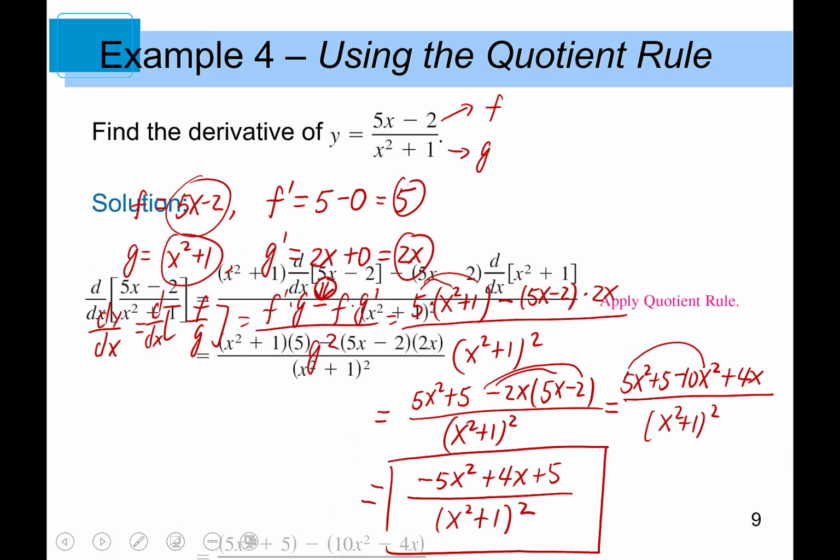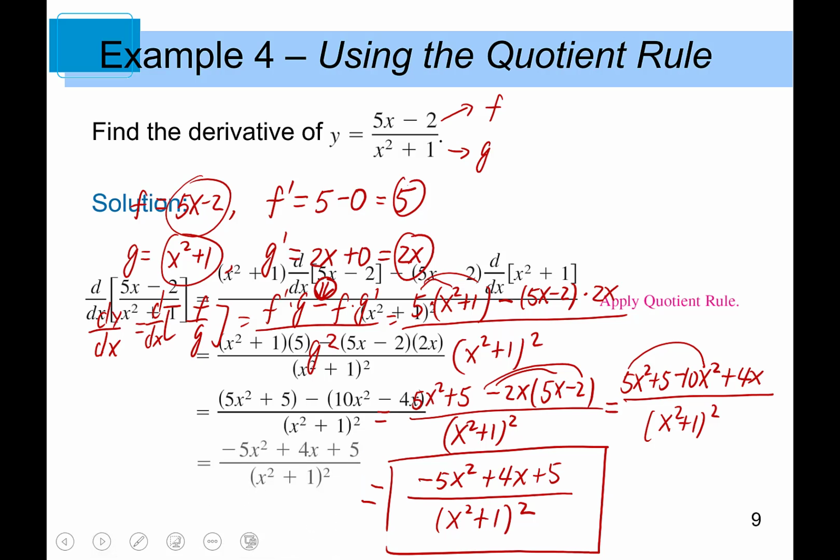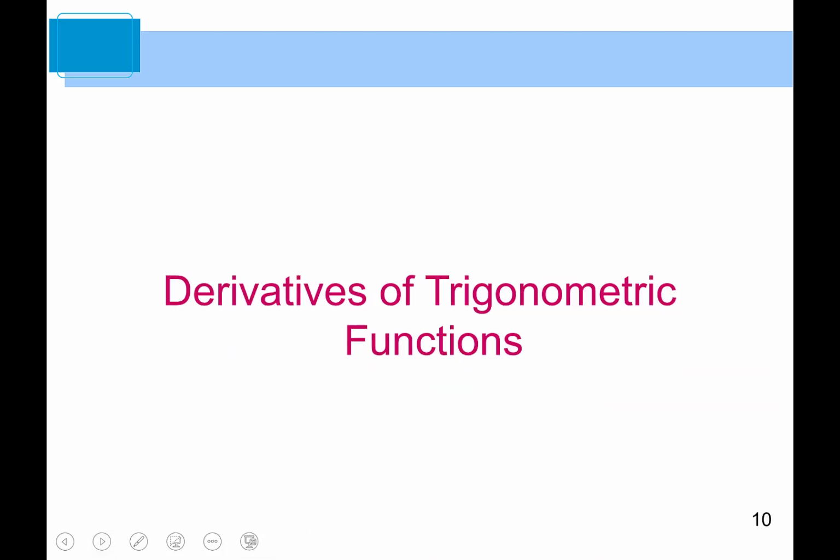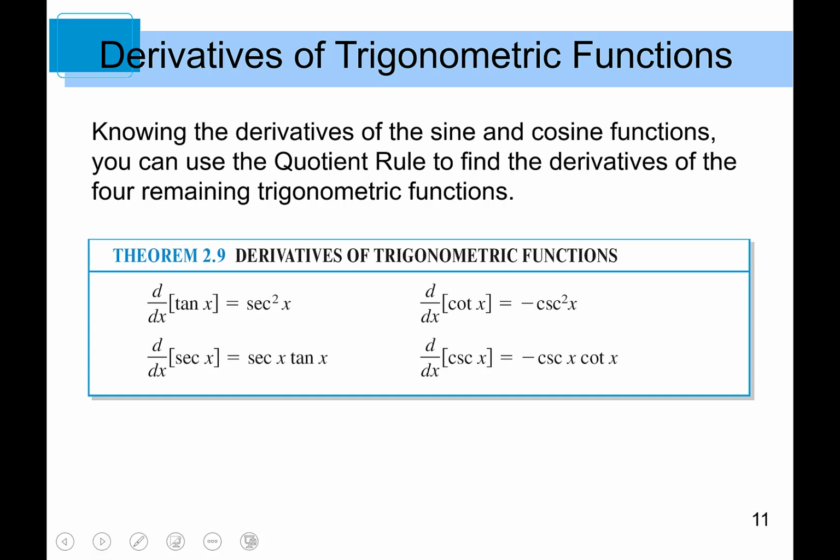So make sure you apply the rule properly and you end up with the correct answer. Let's also take a look at the derivatives of trigonometric functions. Knowing the derivatives of sine and cosine, you can use the quotient rule to find the derivatives of the 4 remaining trigonometric functions by using sine and cosine.